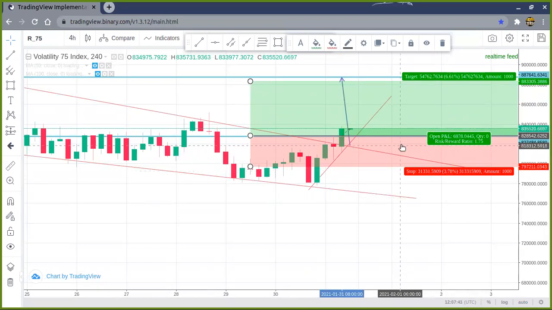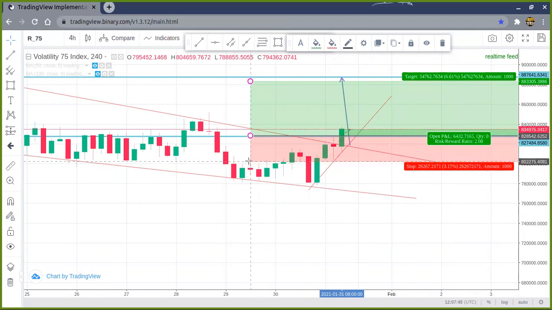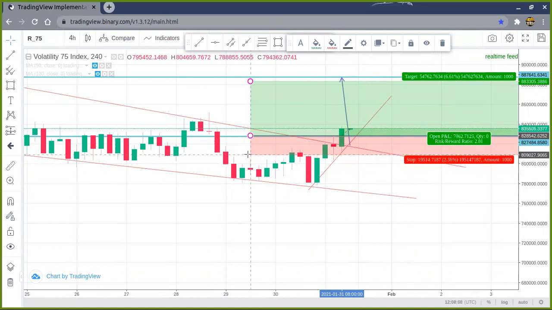Yeah, that's about 1:2. So if our stop loss is somewhere here, we can put our stop loss up here. Then we get something about 1:3 risk to reward.